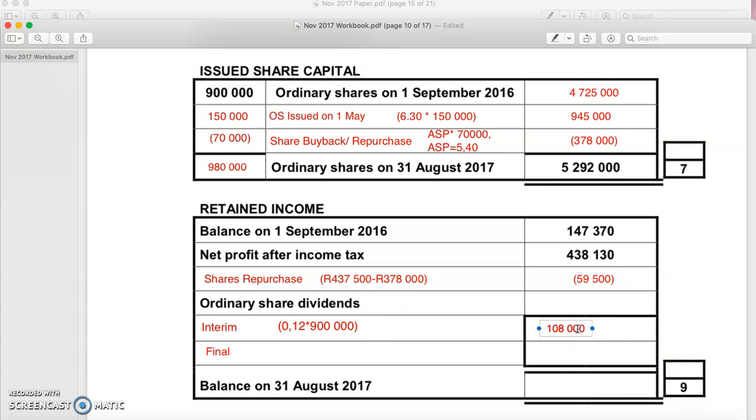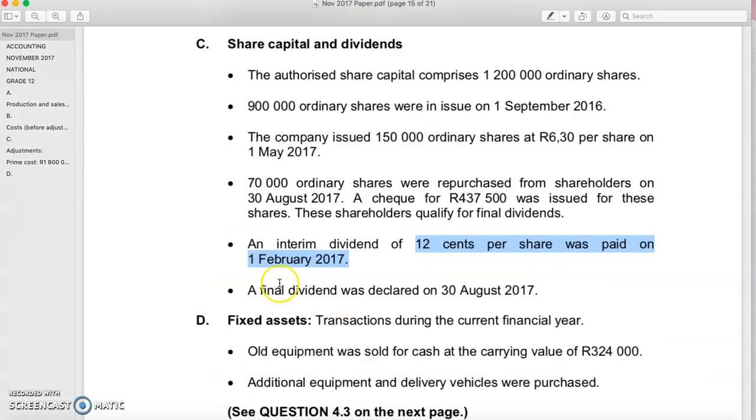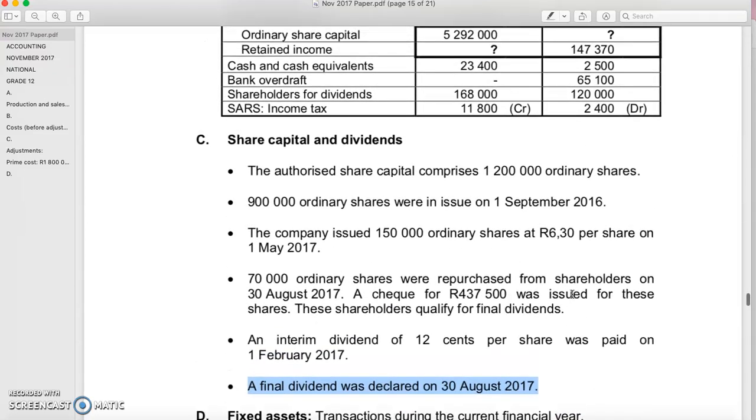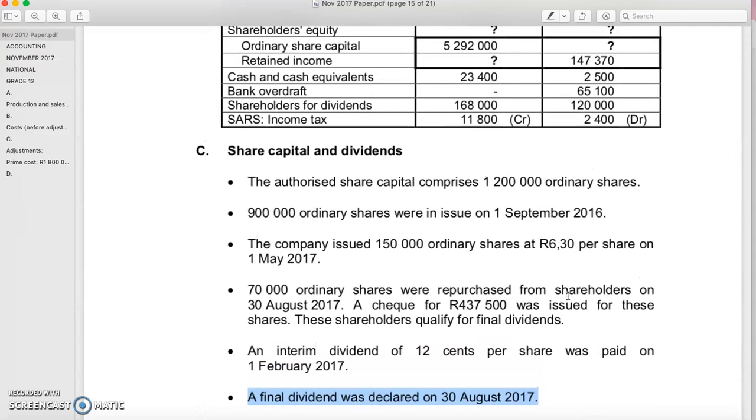108,000. Okay, and then lastly, we're going to look at our final dividends. And they tell you, yes, there was a final dividend declared, and they don't give you an amount. A final dividend means the dividends that you now owe to your shareholders.